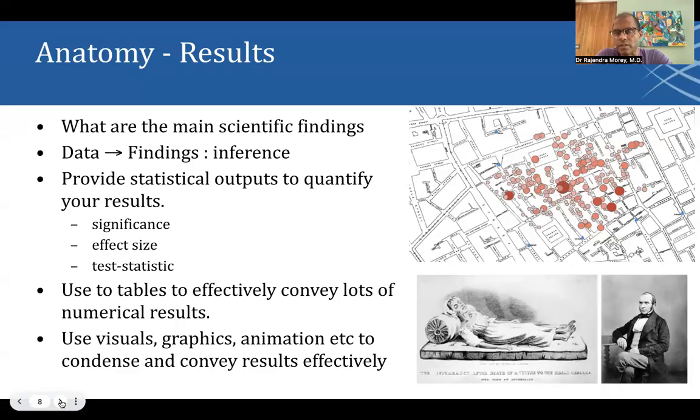This is a very classic textbook example. The gentleman in the bottom right is John Snow, the father of public health. He described, using this very elegant graphic here, of the different places in London. This is in the 1850s during the cholera outbreak, and he mapped the number of people affected by cholera at each location.